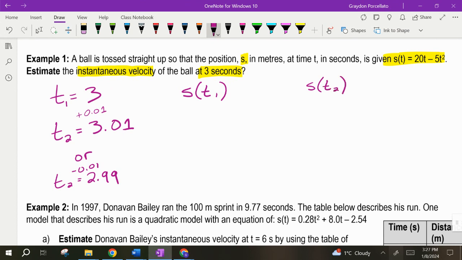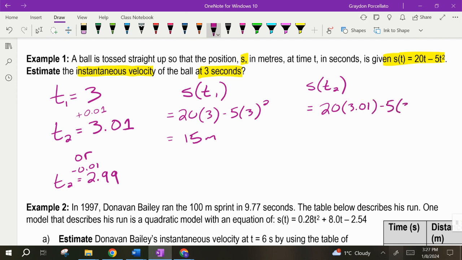The first one is equal to 20(3) minus 5(3) squared. When I sub that in, I get 15 meters. For t2, I'm going to sub in 3.01, so 20 times 3.01 minus 5 times 3.01 squared.